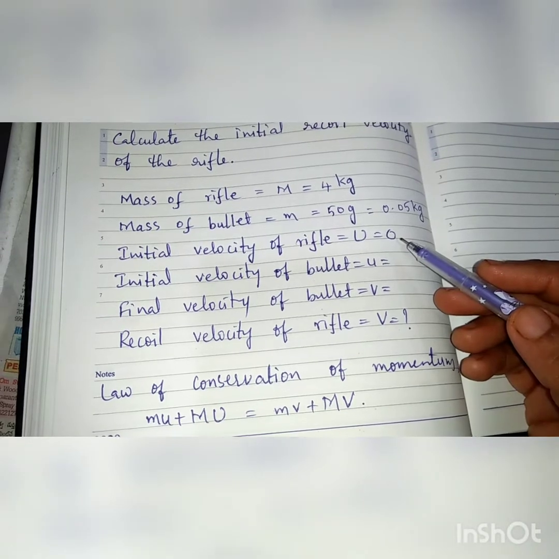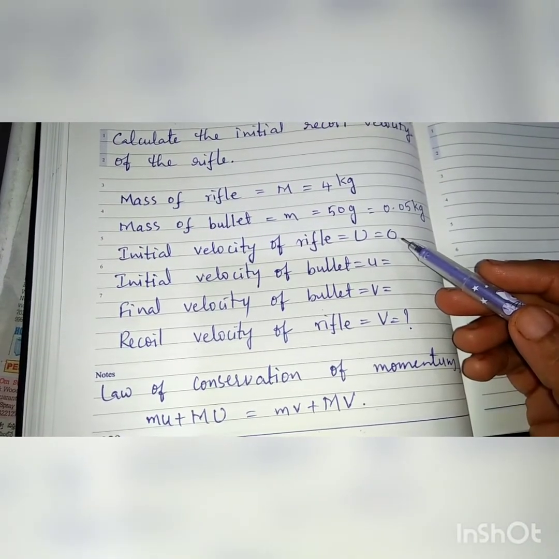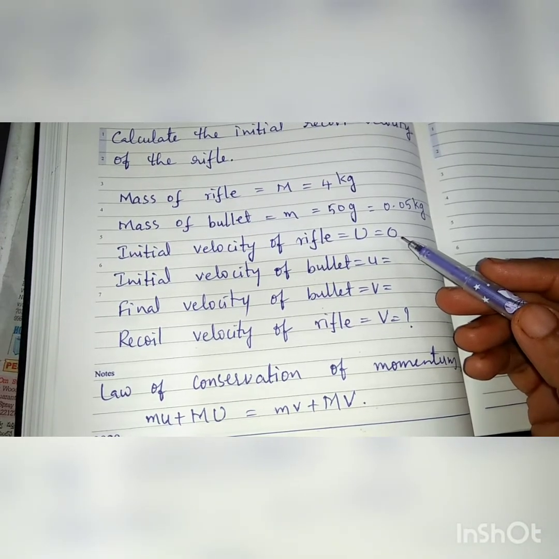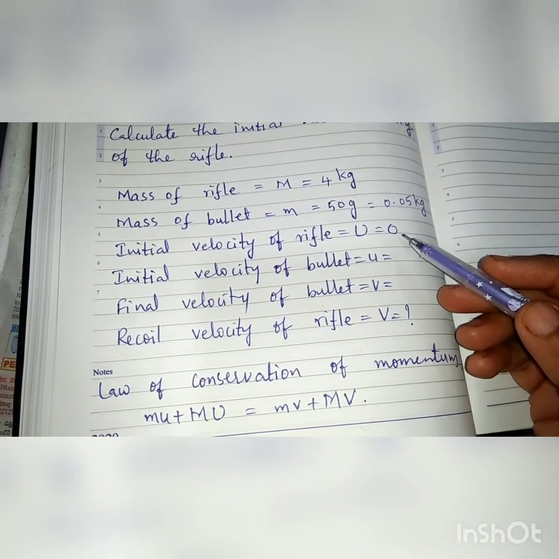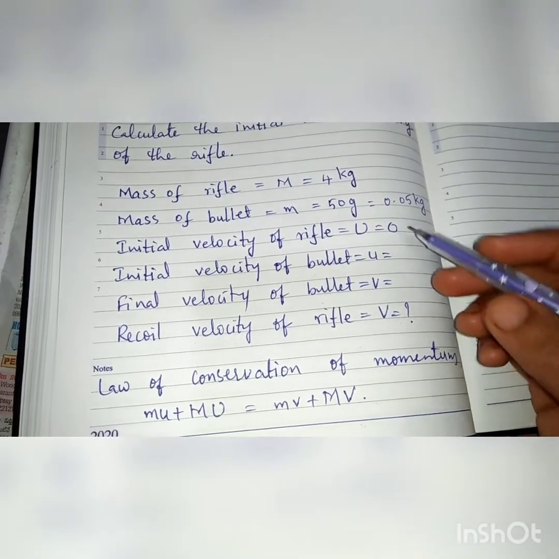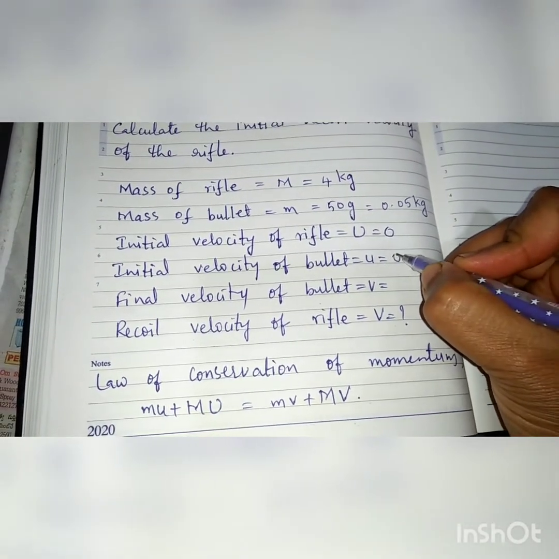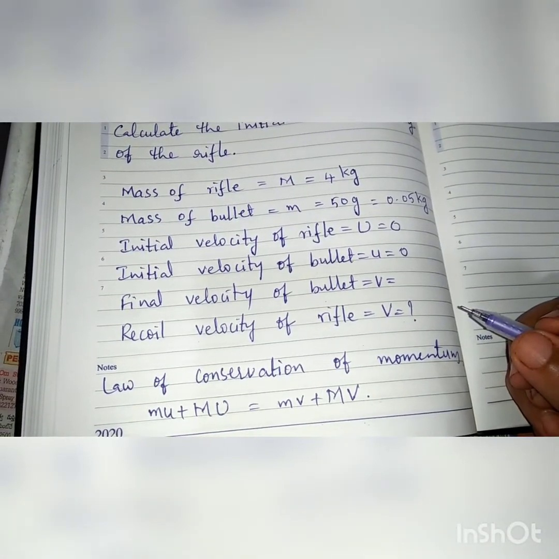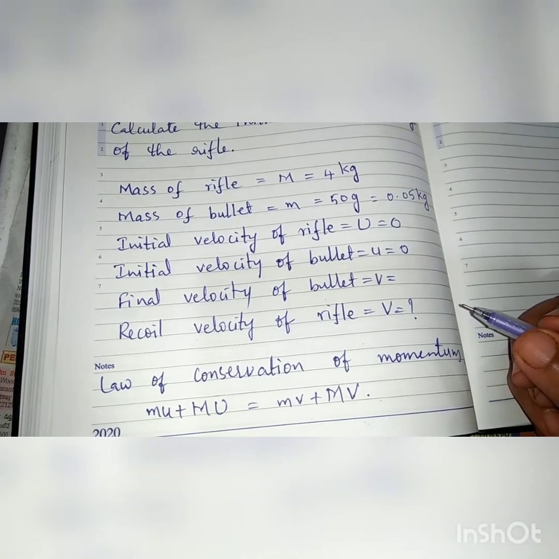Then initial velocity of the rifle, that is capital U, is 0, because still the bullet is not fired, it is not going to move anywhere, so that's why we have taken 0. And the initial velocity of the bullet also is 0 because it is at rest, it is stationary. Then what is the final velocity of the bullet?